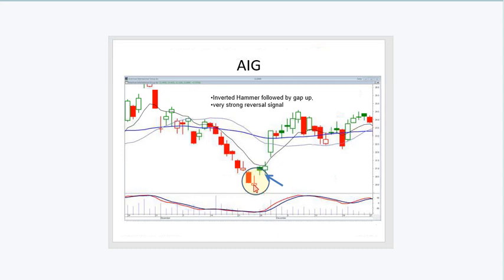Anytime you see an inverted hammer and they open up positive, your probabilities of the trade going positive from there is probably 95% or even greater. So anytime I see an inverted hammer, I'm watching to see what it does the next day. Because if it starts trading positive, I know I've got a good trade.